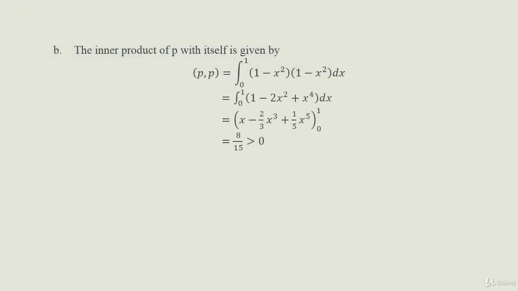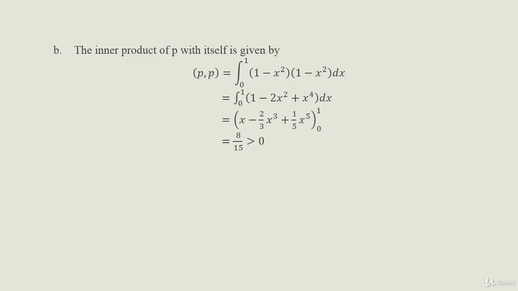Now the part B: the inner product of P with itself is given by the integration from 0 to 1 of (1 minus x square) times (1 minus x square) dx, which is equal to the integration from 0 to 1 of 1 minus 2x square plus x^4 dx.